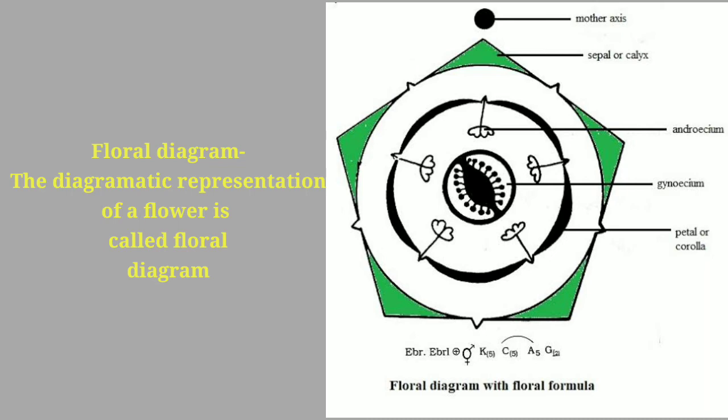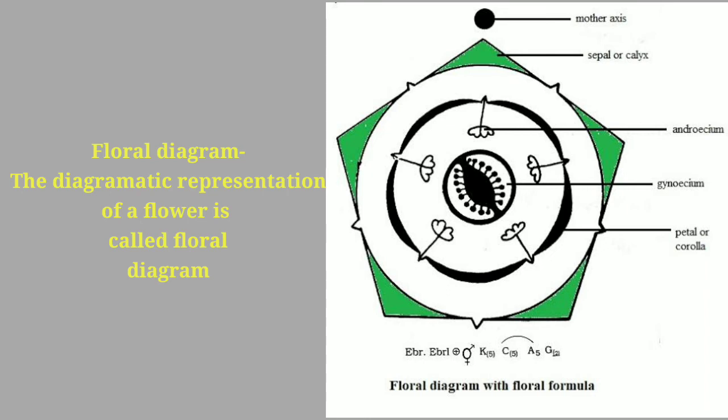Now this is the floral diagram for the floral formula that we have discussed just now. So here the first whorl, that is green in color, is the whorl of the calyx, and there the estivation is valvate.